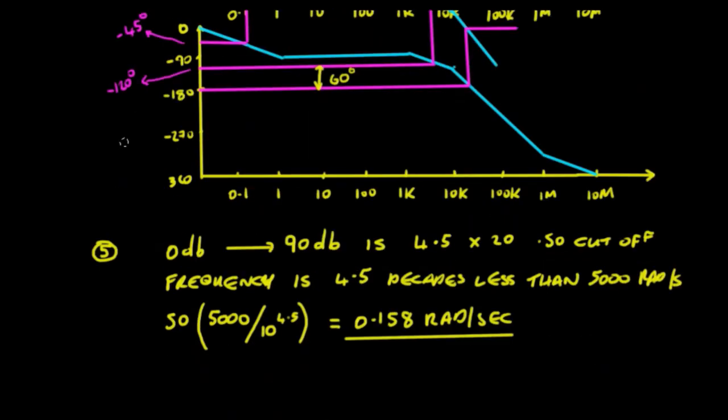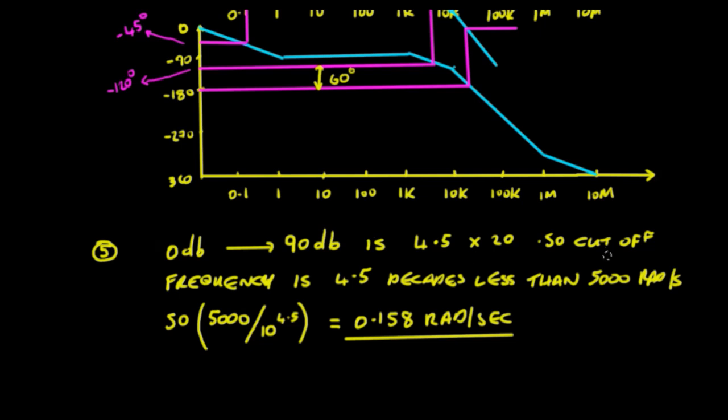Okay, so it means that we know that at 0 dBs, it's got to go from 0 dBs up to 90 dBs. So it's got to go 4.5 lots of 20. It's going to go 20, 40, 60, 80, and then a half of the 20. So it's 4.5 times the 20.